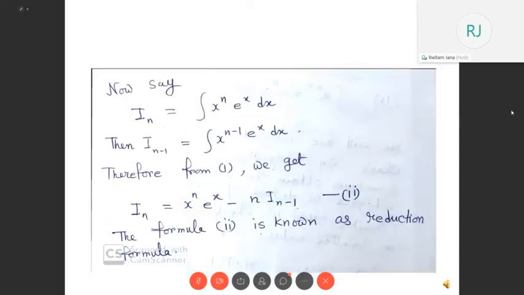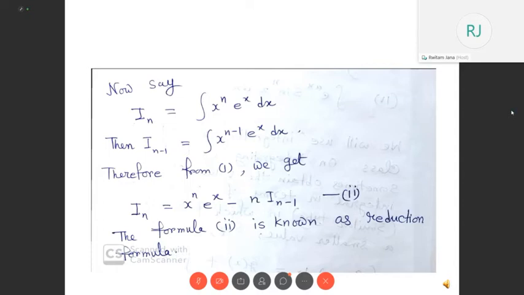This is equation 2, and it is known as the reduction formula for the integral of x to the power n e to the power x dx.